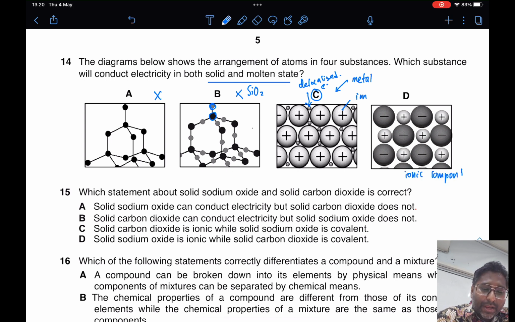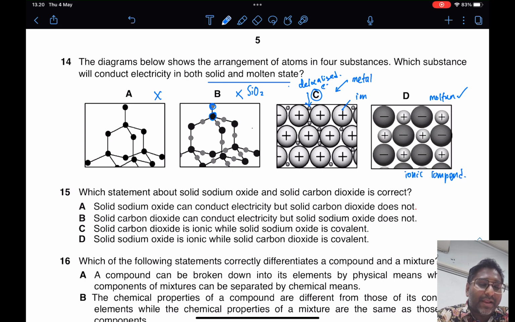Ionic compounds have positive and negative charges of ions. So what happens over here, they cannot conduct electricity when they are solid. Why? Because there are no free moving ions. The ions are bonded, they cannot move around.